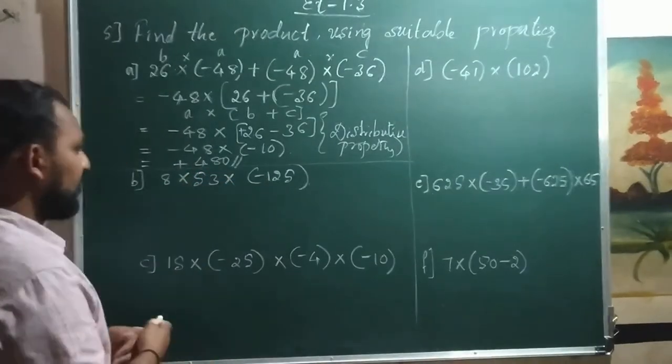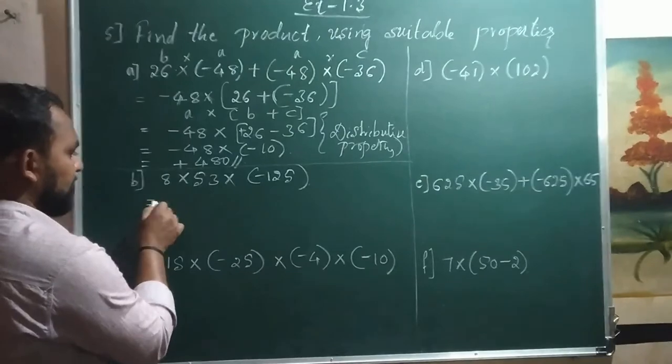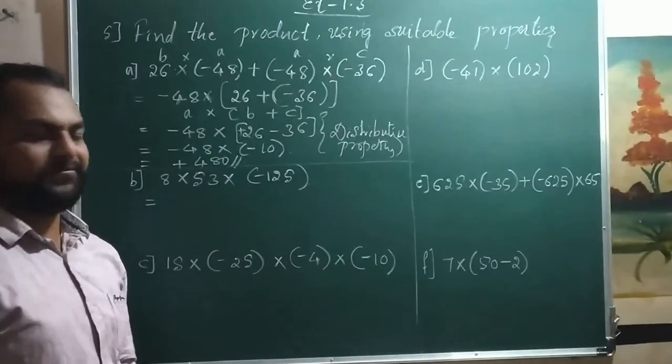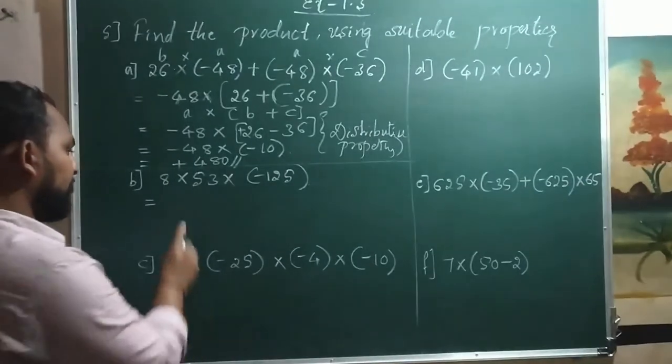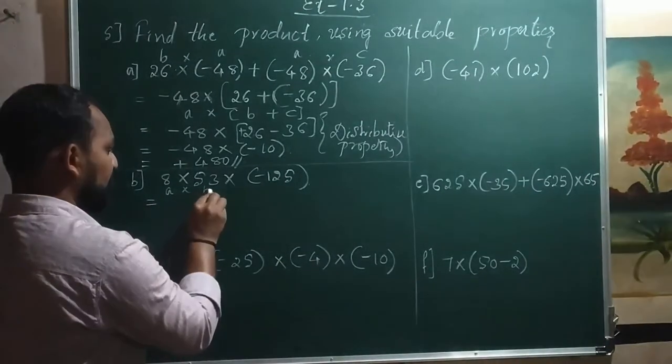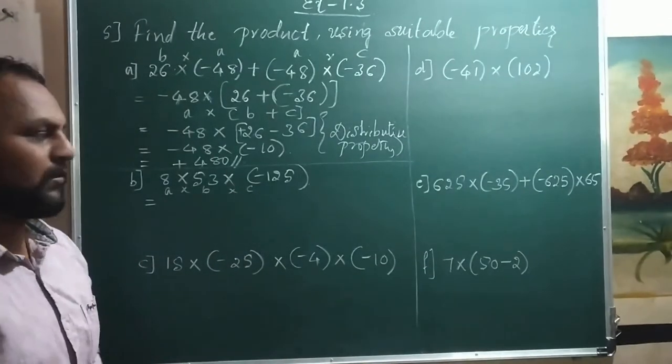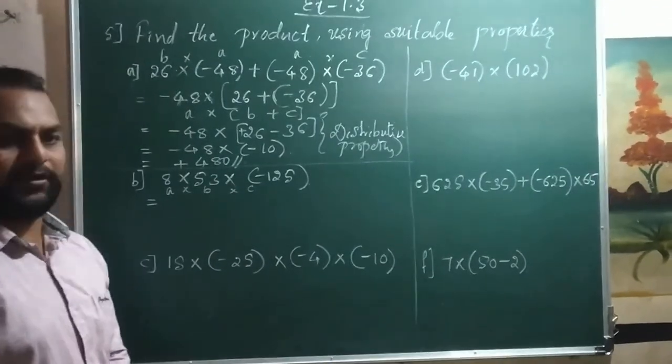The next, 8 into 53 into minus 125, and this is the commutative property. A into B into C or C into B into A, multiplication in any order.